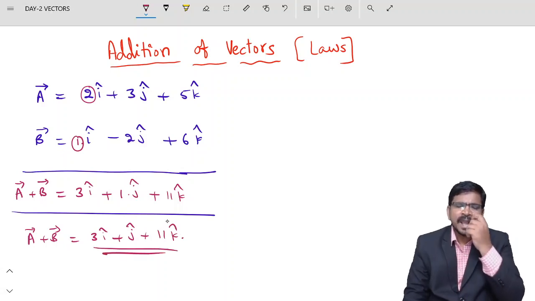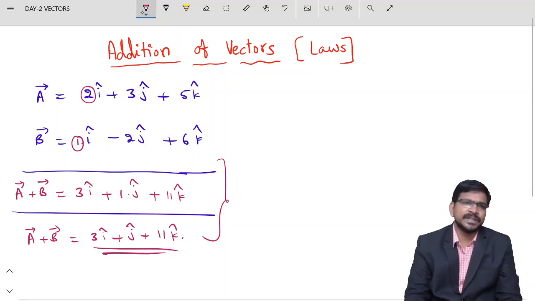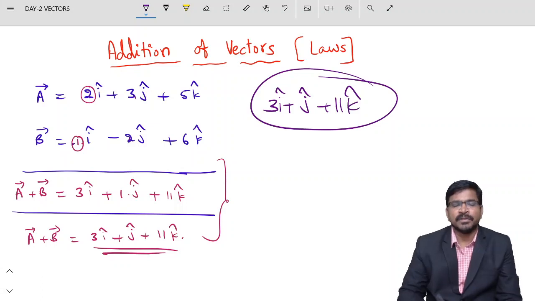Very simple. No need for this lengthy procedure in competitive exams; directly you can give the answer: 2 + 1 is 3, 3 - 2 is j, and 5 + 6 is 11k. This model is very important for NEET and similar level problems.